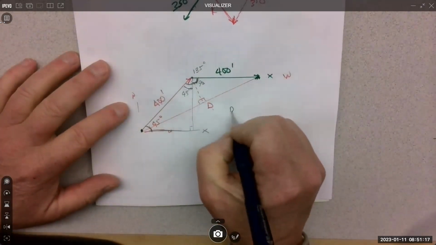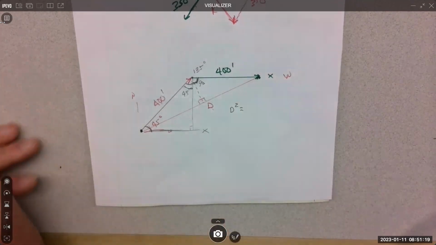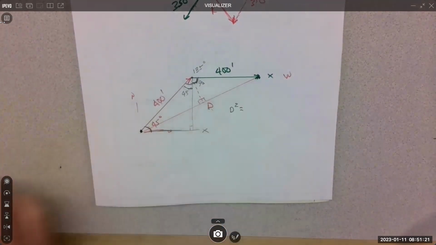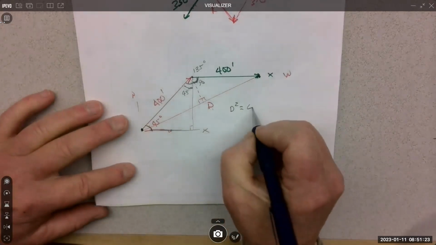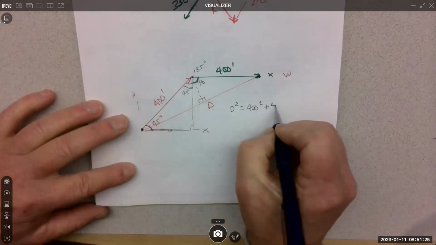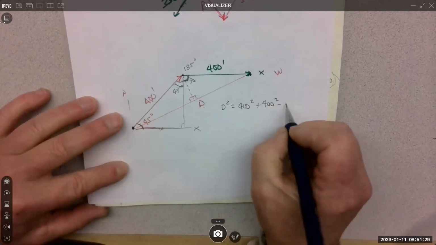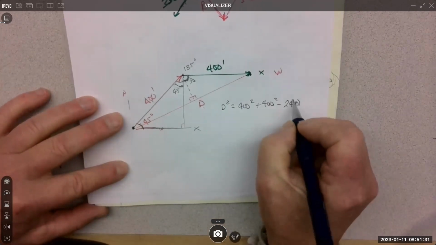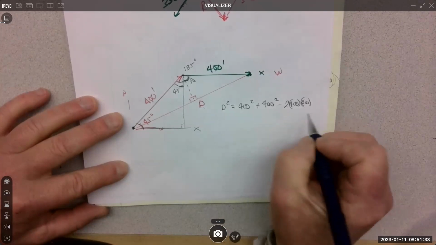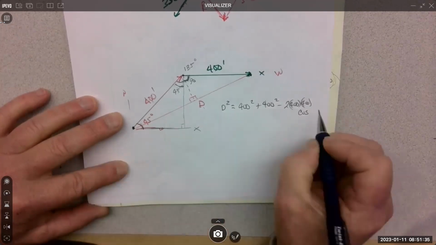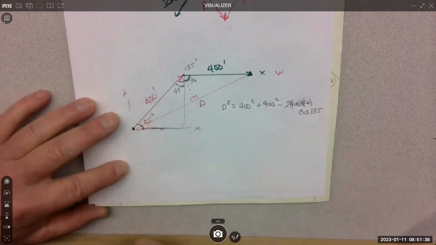So I'm going to actually use d squared instead of c squared because I named it d. 400 squared plus 400 squared minus 2 times 400 times 400 cosine 135.